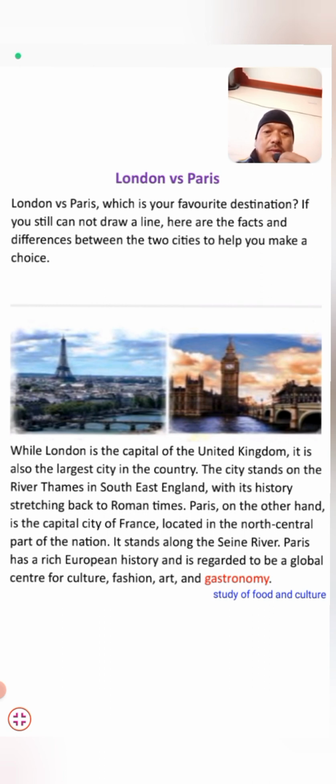And Paris has a rich European history and is regarded as a global center for culture, fashion, art and gastronomy. Is gastronomy a new word? It's the study of food and culture. So, students, Paris is most popular for its culture, fashion, art, and food.